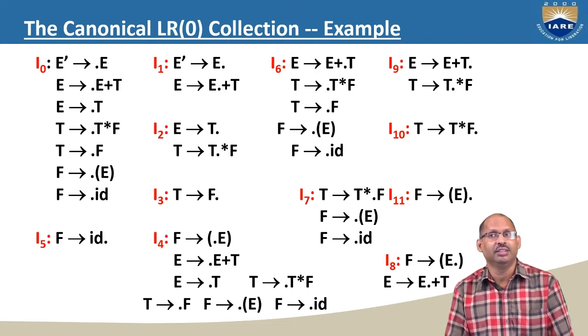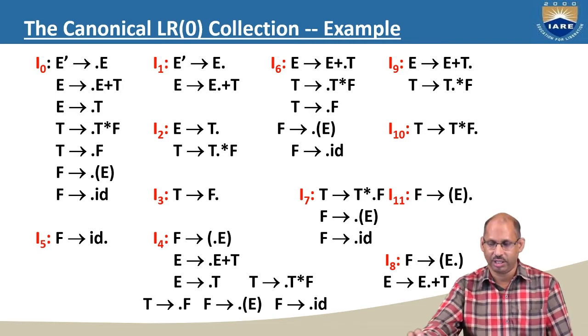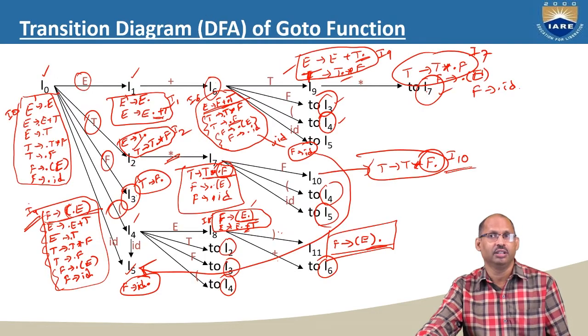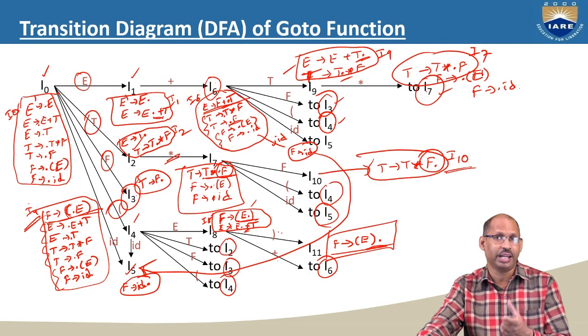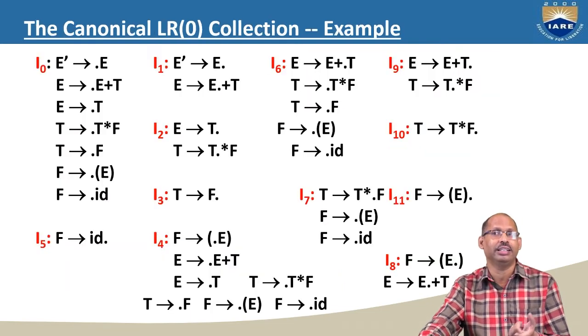All the closure sets I0 to I11 are written. We have drawn the diagram, and here is a clear picture of all the sets.